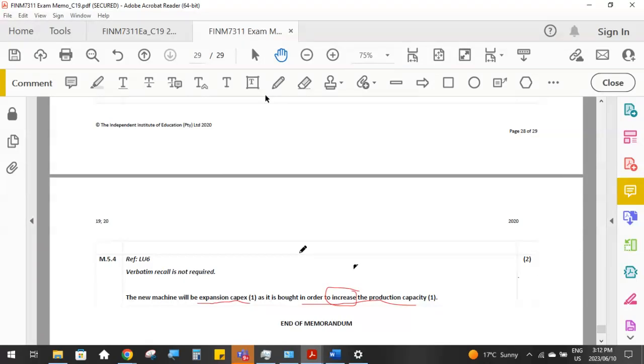Put your questions in the hierarchy, number them. I'm going to do this one first, then this one second, then this one third, then this one fourth, and do them in that order.